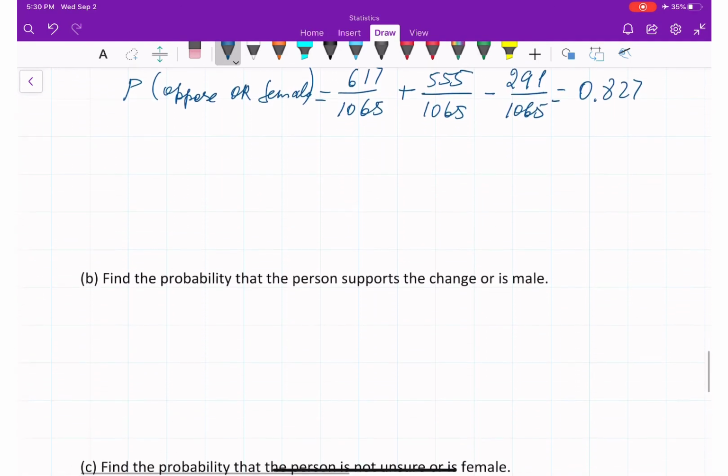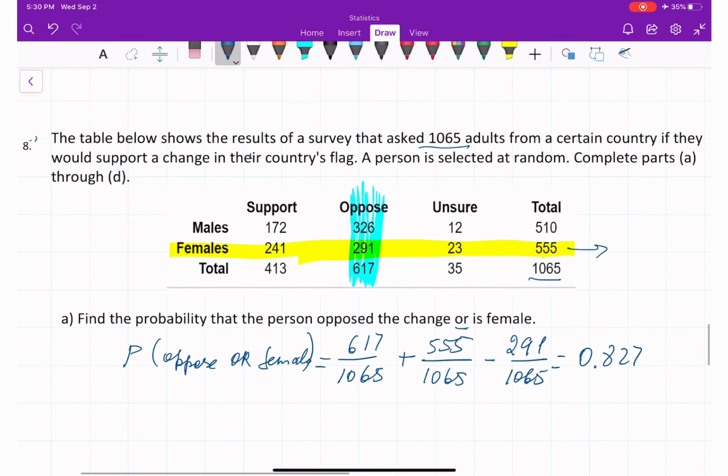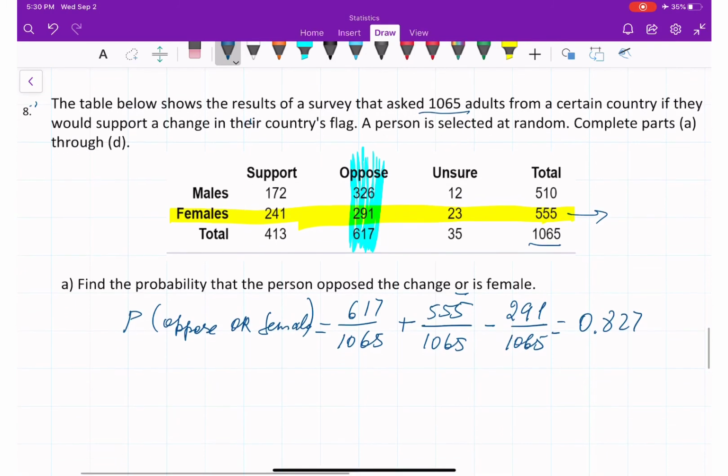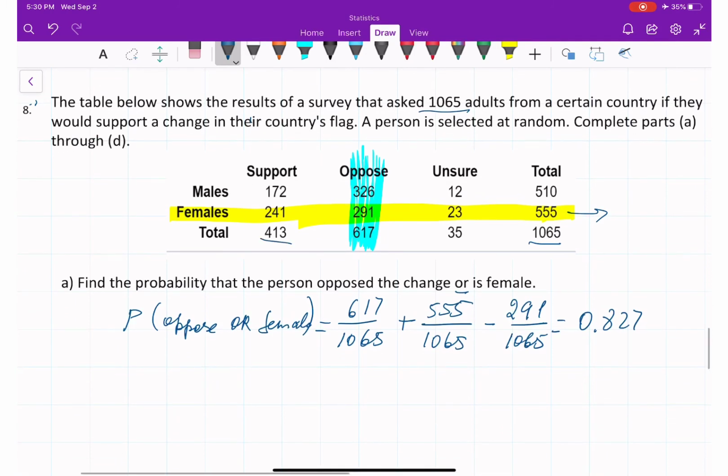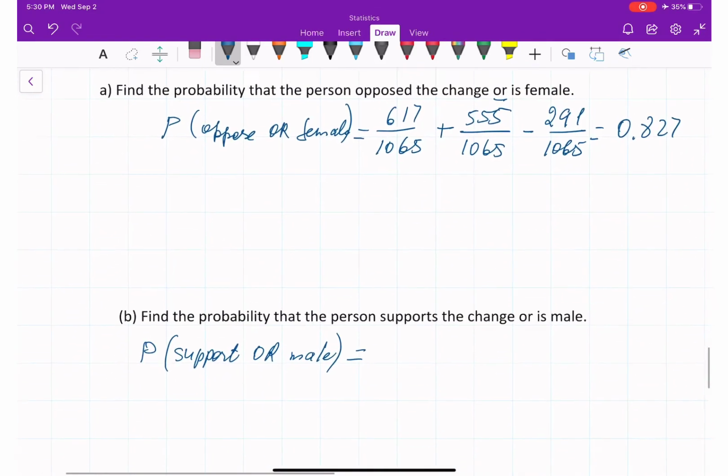Next, B, find the probability that person support change or male. Let's see. Change or male. We'll find out. Let's go back to table. Change, how many support the change? Here it is, the word support, 413. Since they have word support, let me put also support so it would be clear. 413.